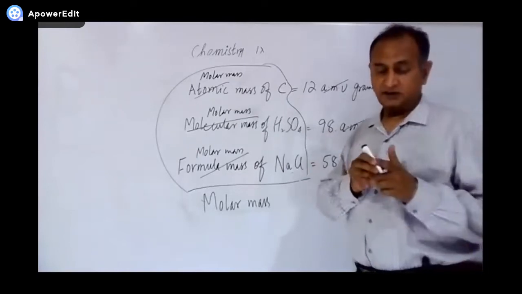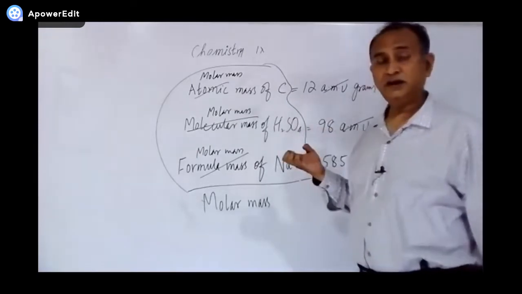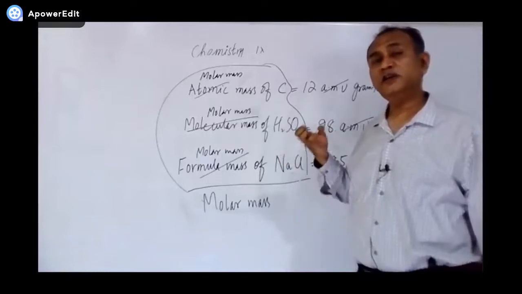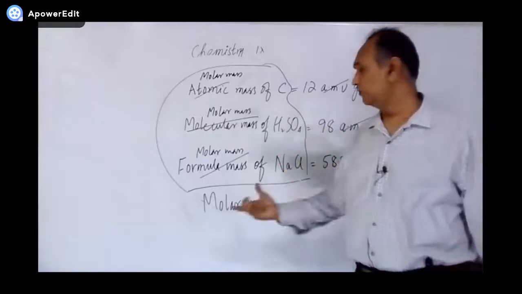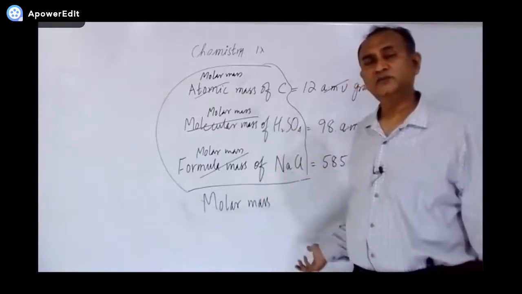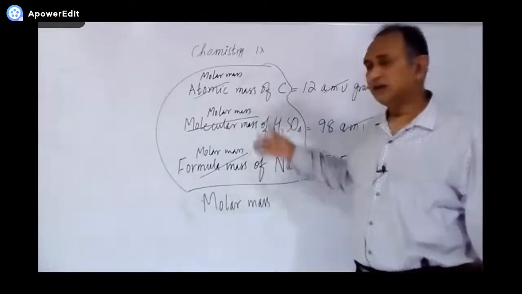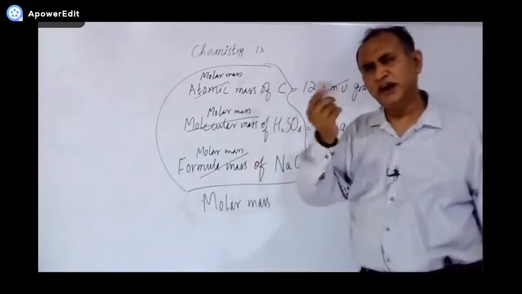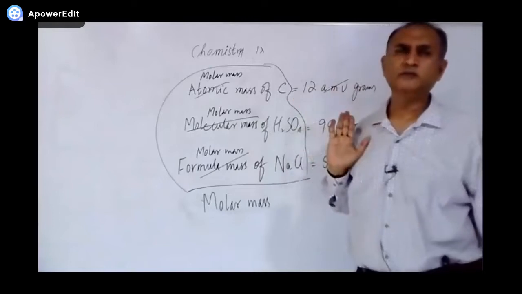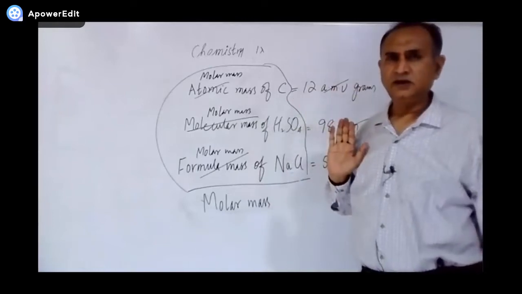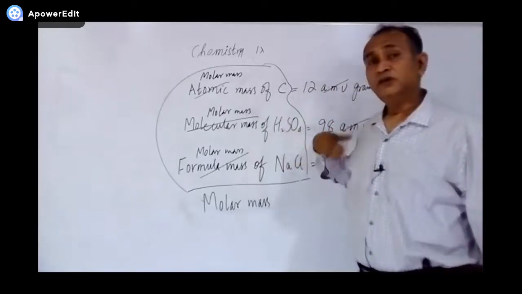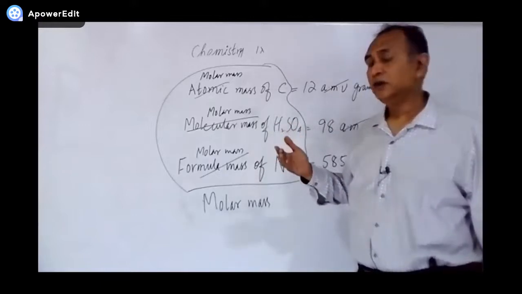So what is the main point here? That instead of using different kinds of masses, they use a single term, molar mass, in grams. The rest of the things are just one or two line definitions. Okay? So what is the next topic?